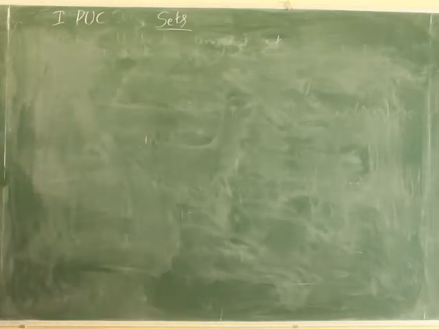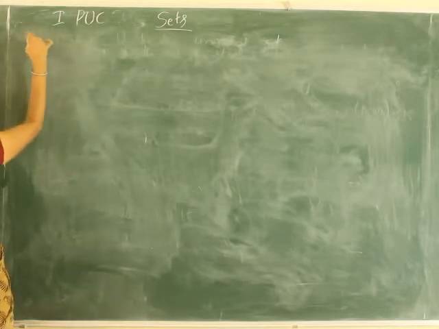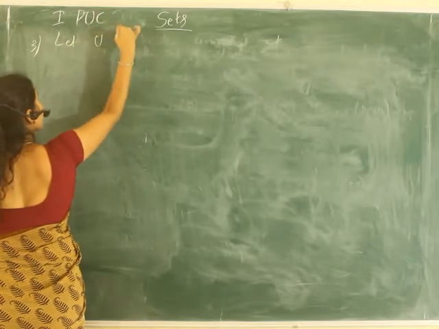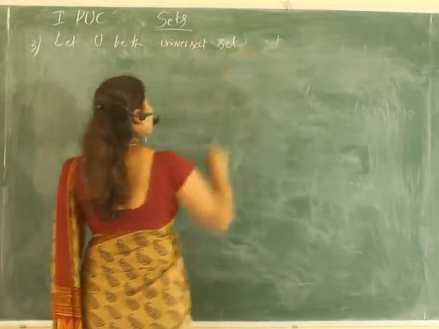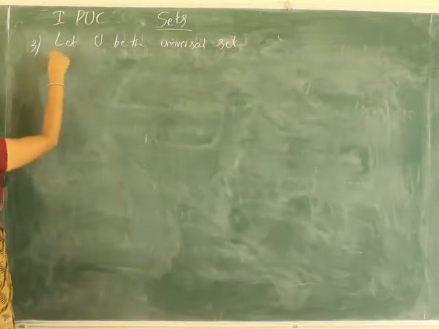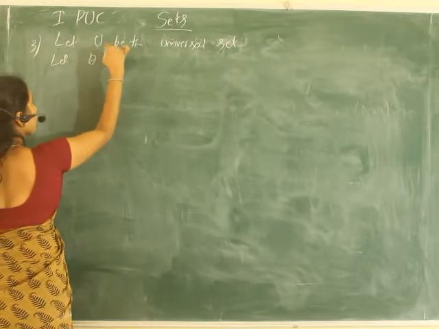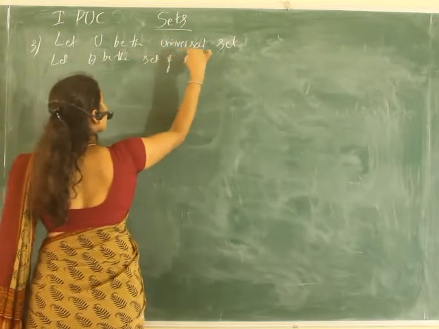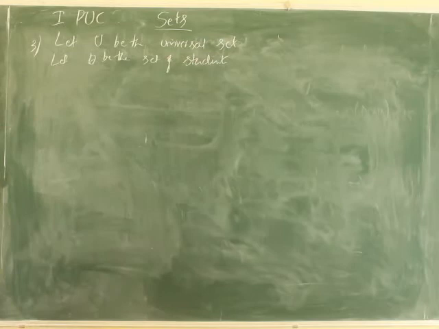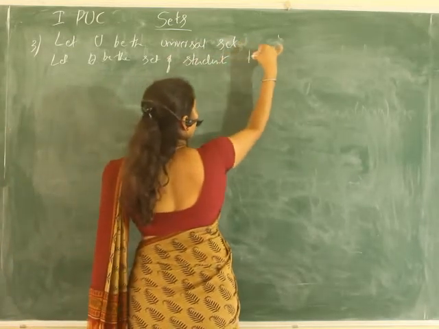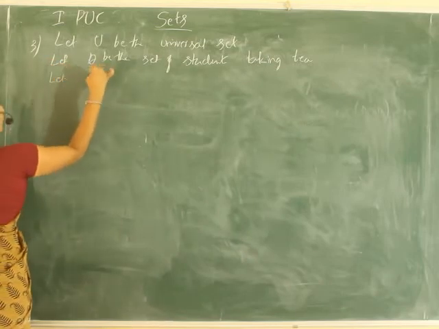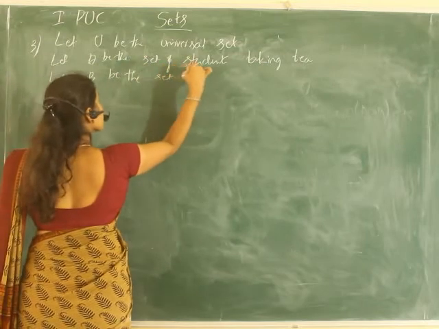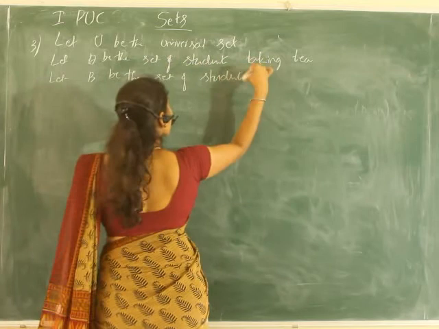So first we write: let U be the universal set, let A be the set of students taking tea, and let B be the set of students taking coffee.